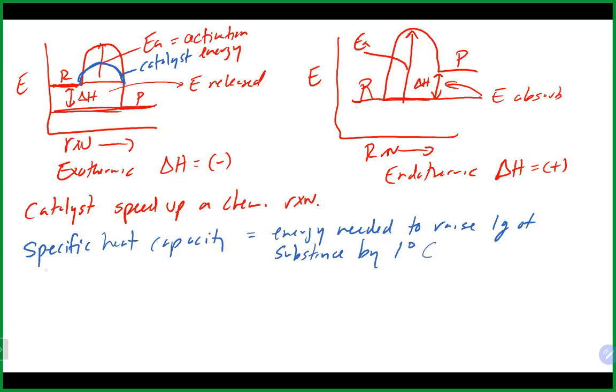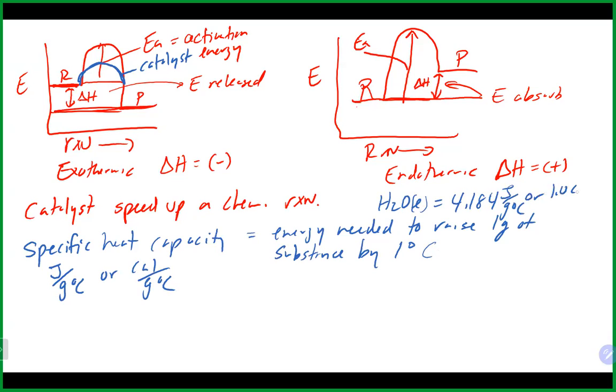This has units of joules per gram per degree Celsius, or calories per gram per degree Celsius. The important number for the specific heat of liquid water is 4.184 joules per gram per degree Celsius, or 1 calorie per gram per degree Celsius. And that number is obviously used a lot.